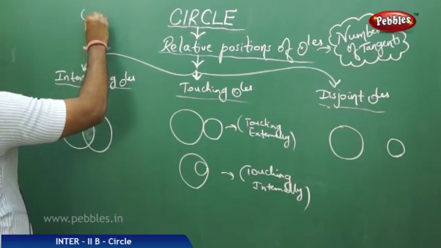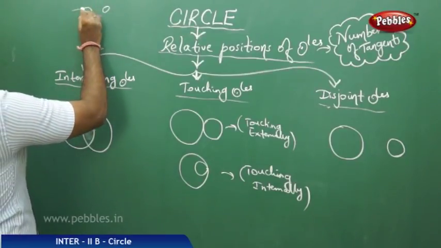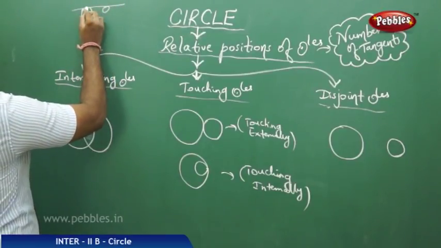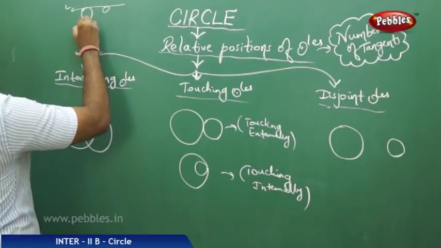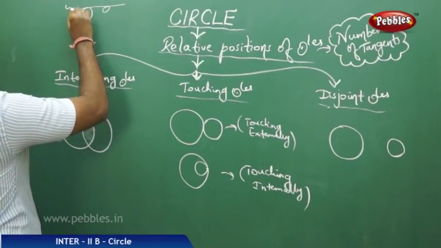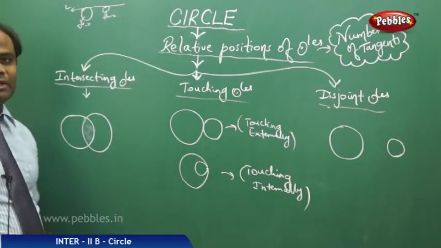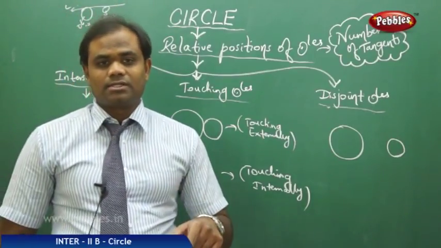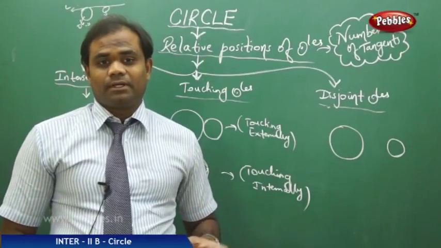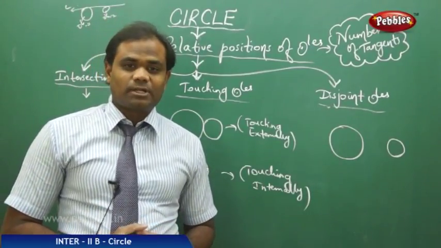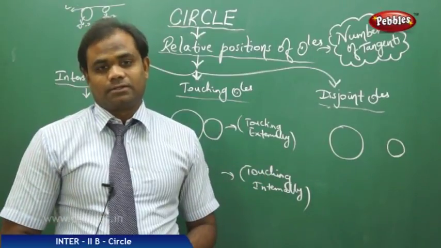Suppose I have two circles like this, then this is a common tangent because this line is a tangent to circle 1, and this line is also a tangent to circle 2. So if a line is a tangent to both the circles at the same time, that tangent is called a common tangent for both circles.